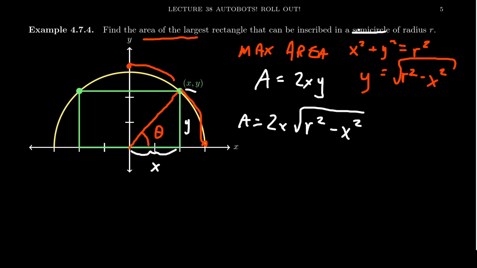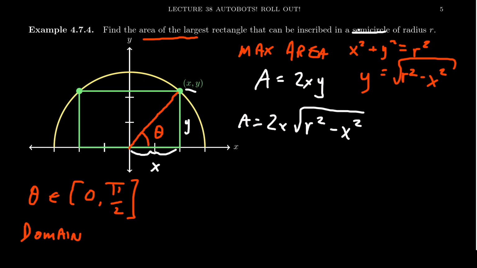This kind of gives it the extremes. So this would suggest that theta could be anywhere from 0 to, we'll work in radians here, pi halves. This gives us the domain of the problem.